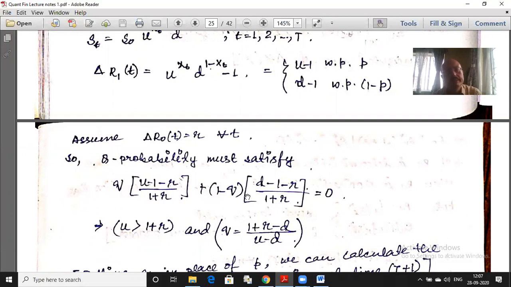But this sum, which is the expectation of change after appropriate discounting, must be 0. Is this clear to all of you? Just look at it carefully and tell me whether this is clear.